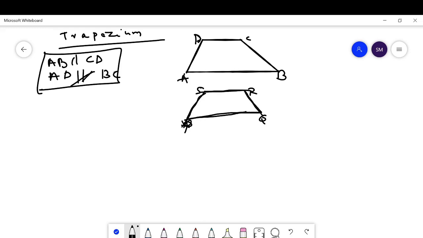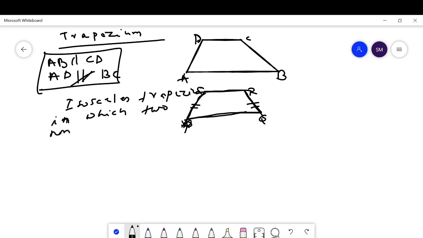If the length of PS is equal to RQ, then we say this is an isosceles trapezium, in which the two non-parallel sides are of equal length.